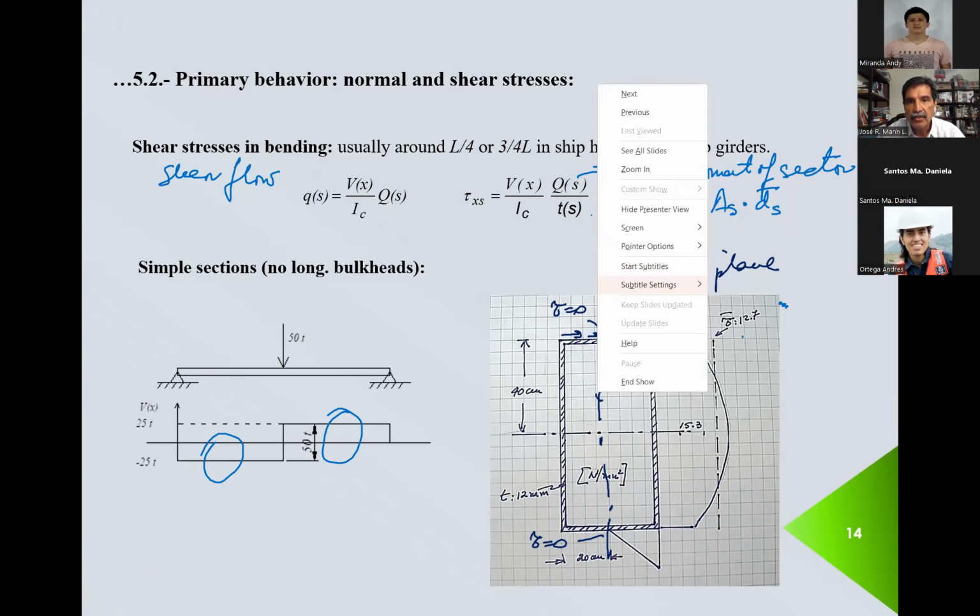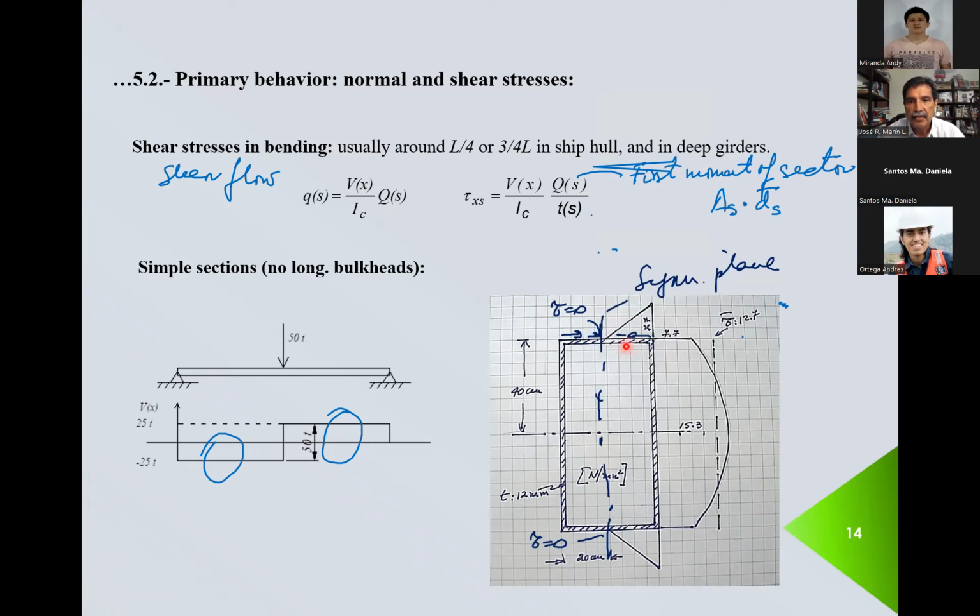And then we can deduce that the distance from here to here is constant. So the only parameter that changes is the length of the sector. So that's why this increment is linear. And here, we have two changes: first, the position and also the area. So in this case, the variation is quadratic, okay? The maximum, we expect it at the neutral axis, okay? That's something that we have to emphasize.